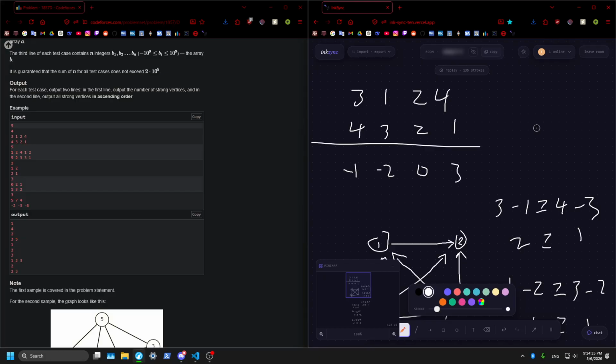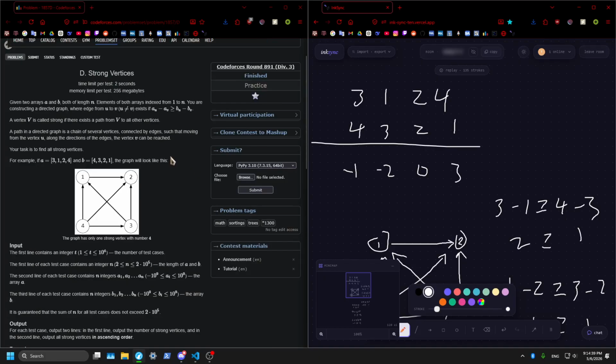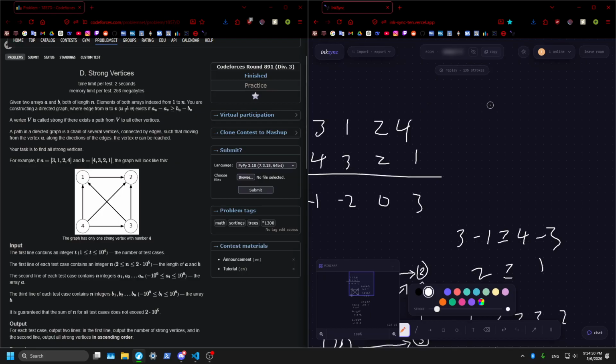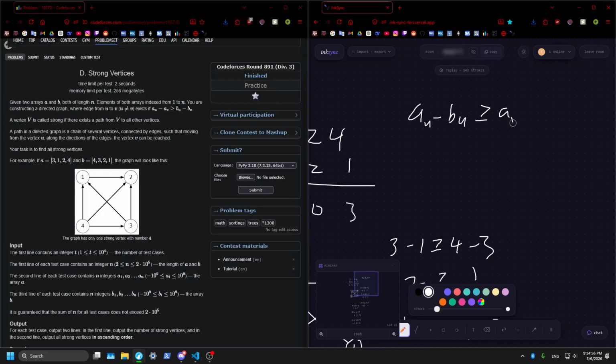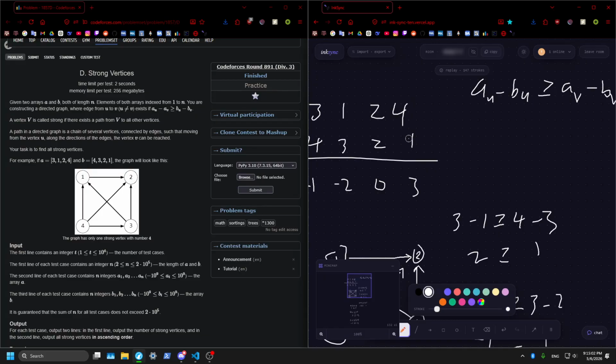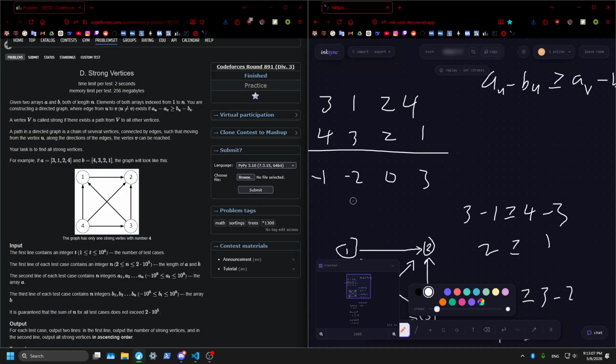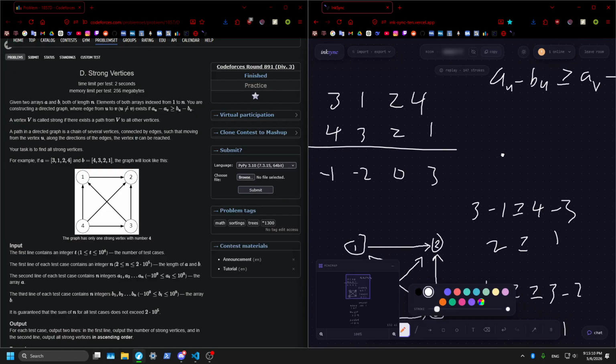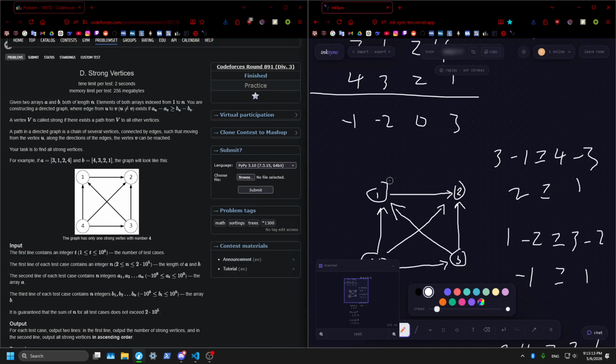Now, this is the same condition as AU minus BU greater than or equal to AV minus BV. And this is just AU minus BU. Now we just count for ties, right?